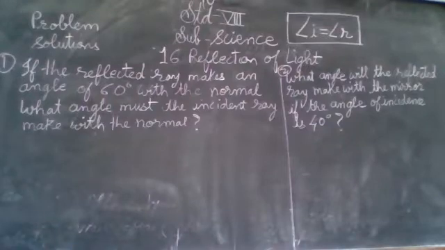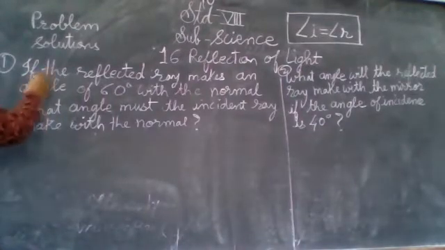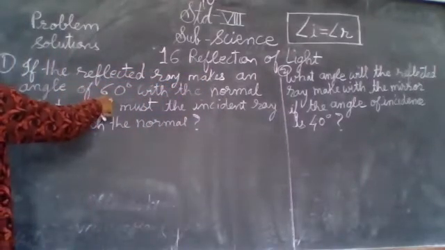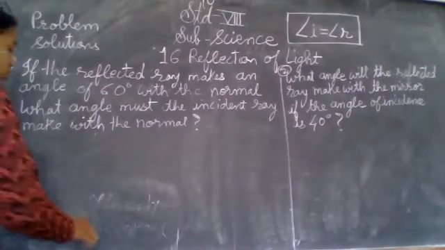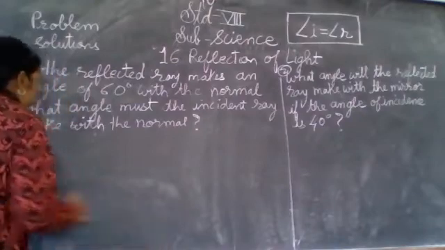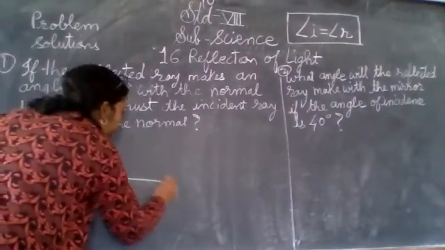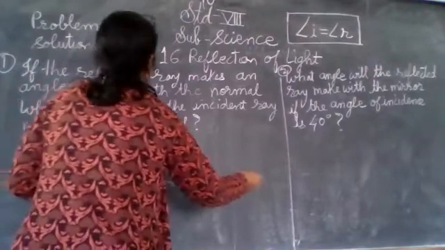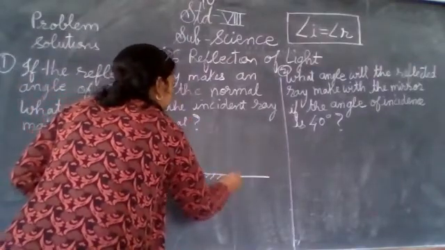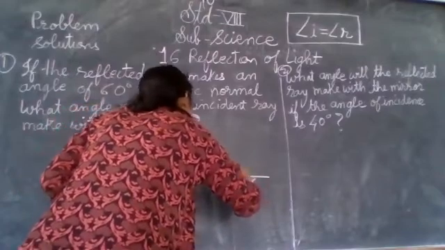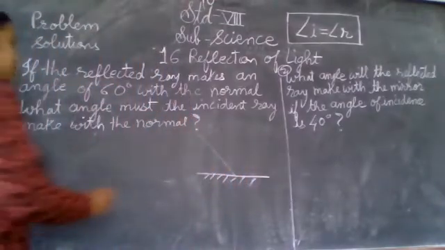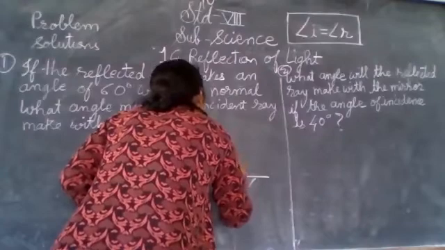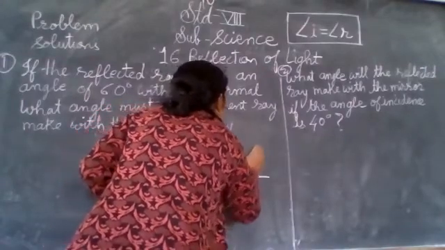So first of all, one problem we are going to take. If the reflected ray makes an angle of 60° with the normal, that means you have to immediately imagine or you can draw a plane mirror and incident ray falling on it at the point of incidence, as well as we have to draw the normal and the reflected ray.